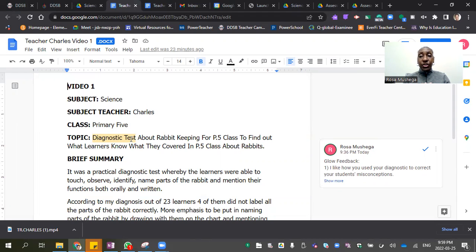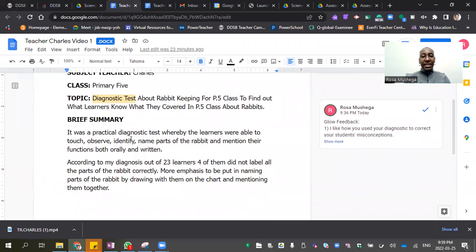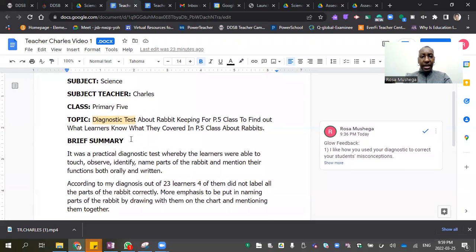But if you haven't taught anything about rabbit keeping, and I'm assuming the topic is rabbit keeping, then I think that the diagnostic would be a little too intensive and deep for no particular reason at all.